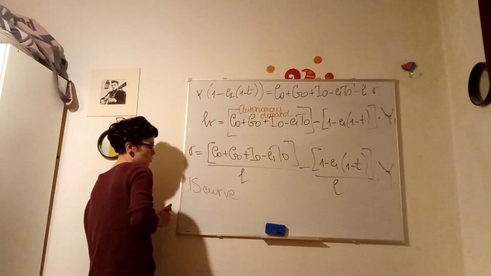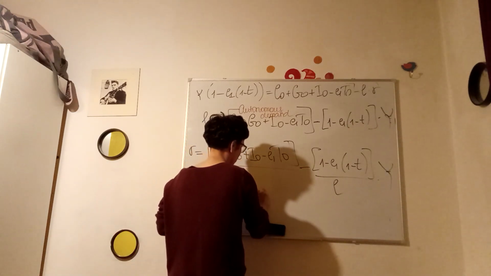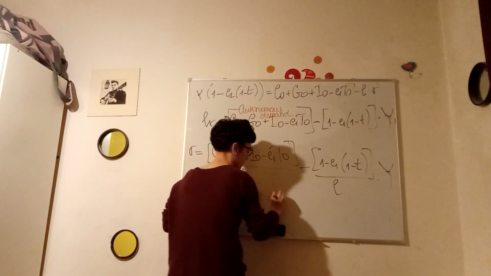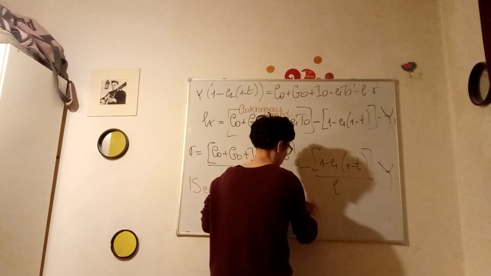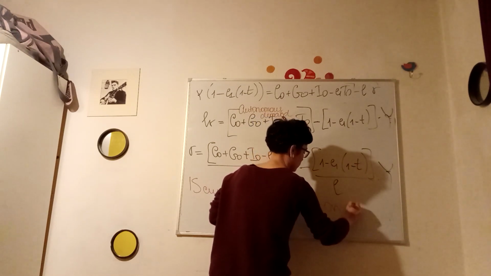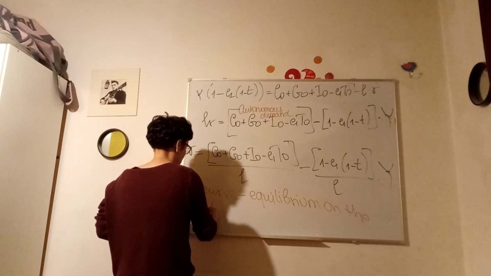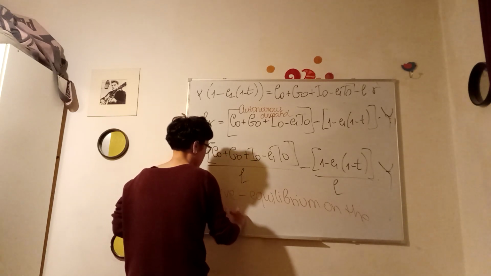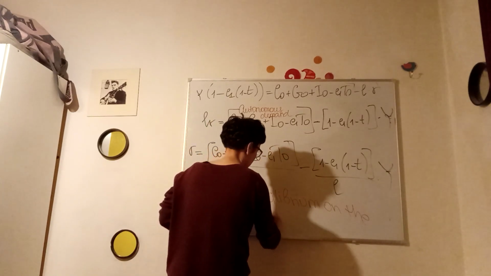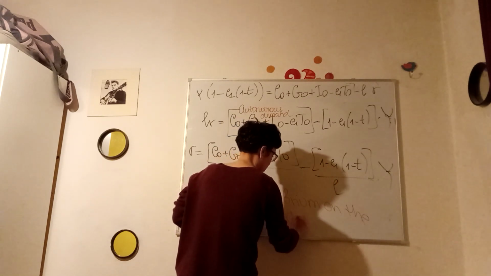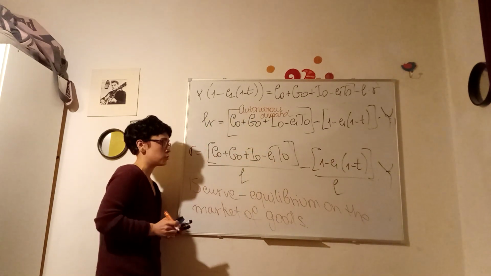The IS curve stands for equilibrium on the market of goods. Equilibrium on the market of goods means that aggregate demand is equal to aggregate output.